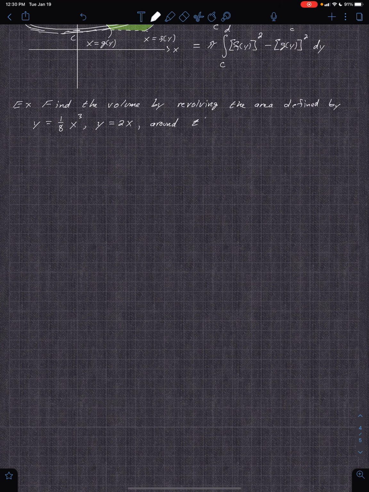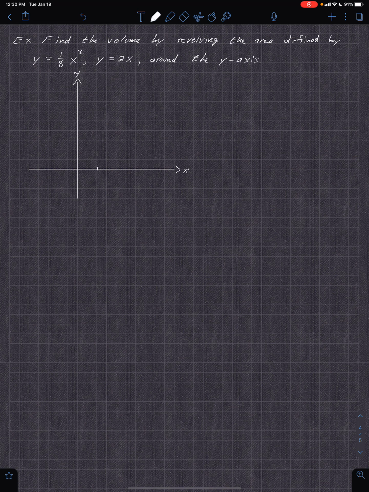So we want to first graph that. It's pretty much always what you do first: you want to graph your region. So let's do that. This is x, this is y. So you have 2, 4, and then you're up there. So you basically want to sketch it.